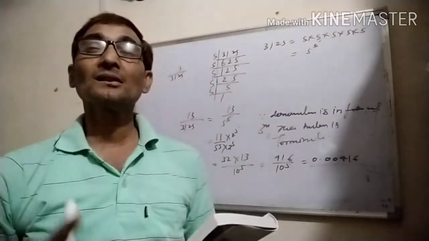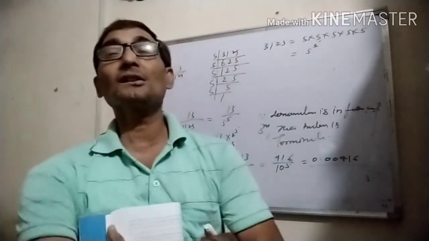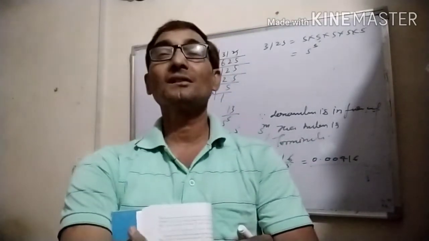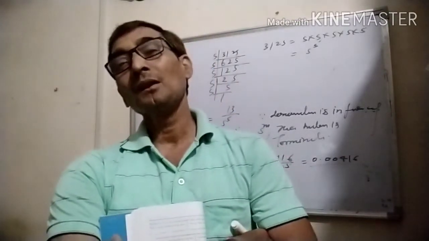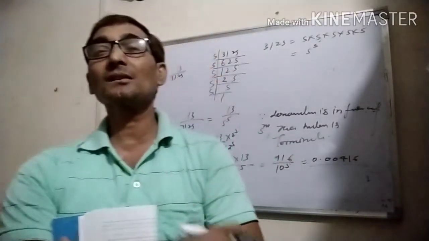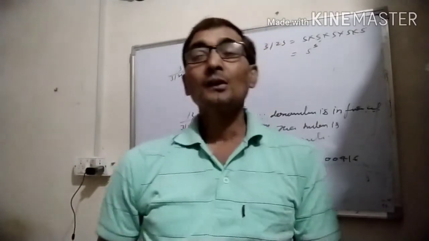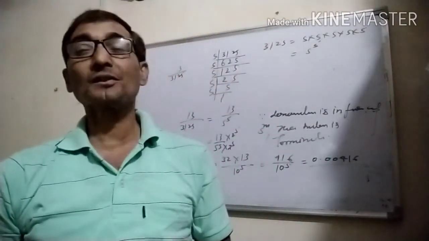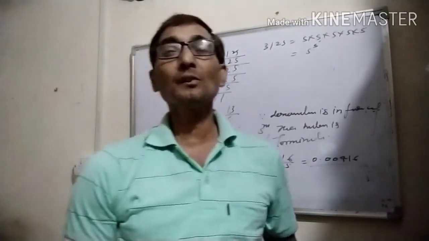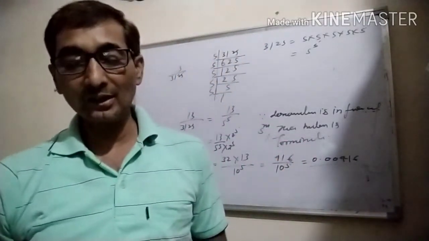In the condition of terminating, the denominator is only 2 to the power m or 5 to the power m or both, not any other digit, not any other number. Okay. Now your homework is the first question. You have to solve it by this process and try to explain.